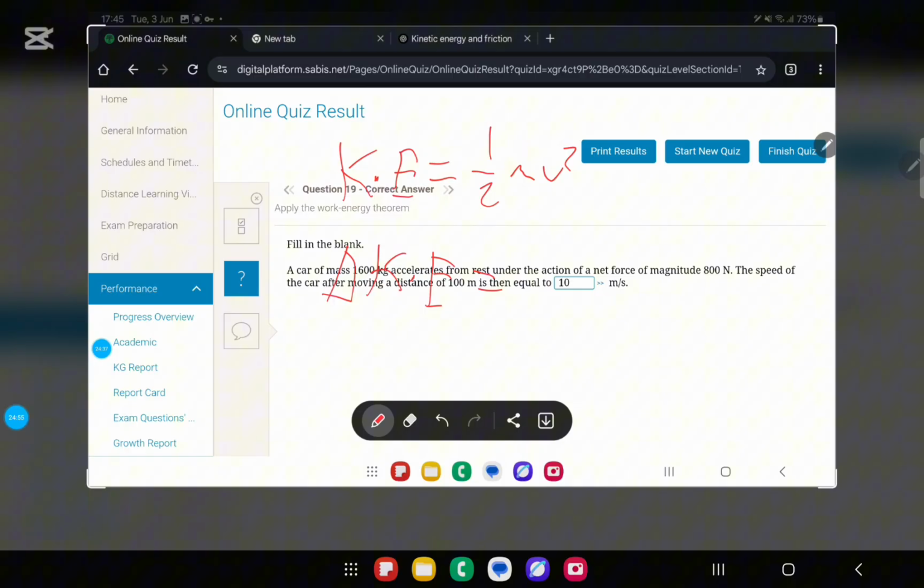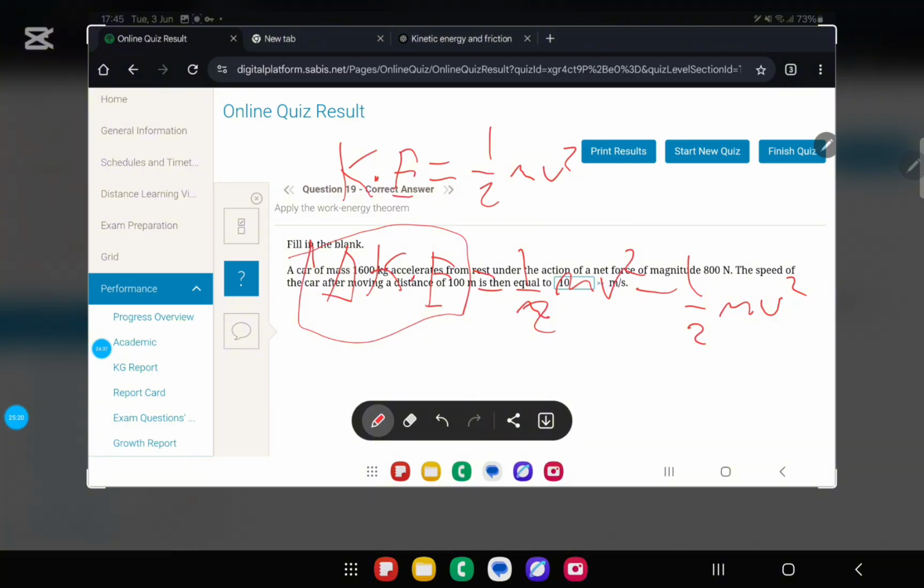What's the difference? You're gonna use 1 over 2 mv squared minus 1 over 2 mu squared. Mu basically stands for the initial velocity. So kinetic energy is 1 over 2 mv squared, but the change in kinetic energy is final minus initial: 1 over 2 mv squared minus 1 over 2 mu squared.